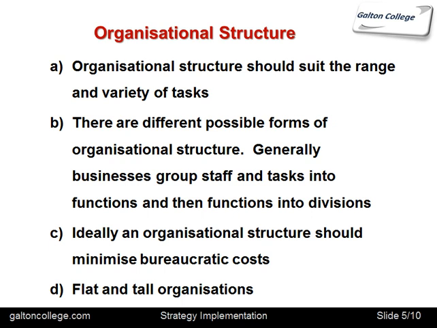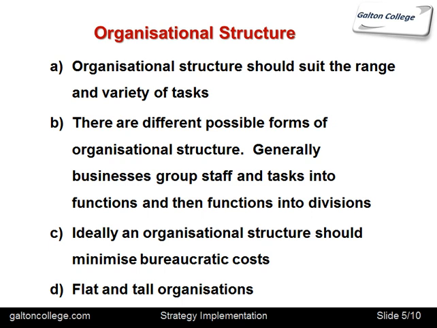There's a separate video on flat and tall organizations which will address some of these issues. But simply, some organizations may be tall. In other words, the CEO, the Chief Executive Officer, may be remote from production. The senior management may be away in offices on a different site even.